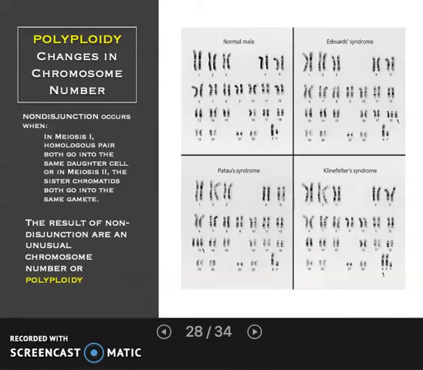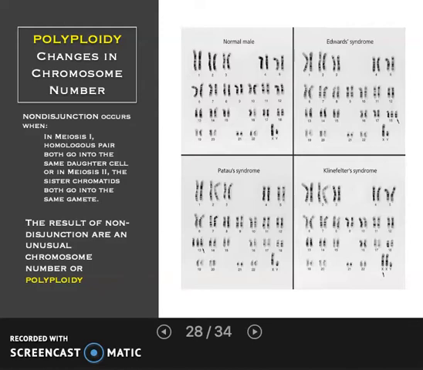One of the most common chromosomal mutations is polyploidy. In polyploidy, you have an abnormal chromosomal number. Remember that the normal human chromosome number is 46, but sometimes you have a phenomenon called non-disjunction. Remember, when I make sperm or egg, I should have only one copy of each chromosome, right?